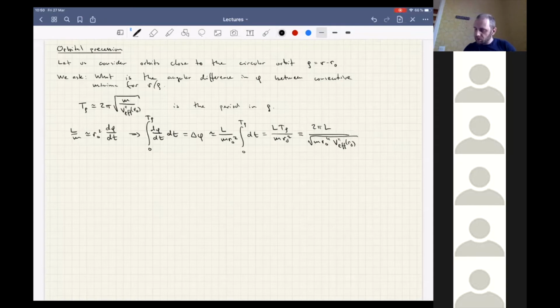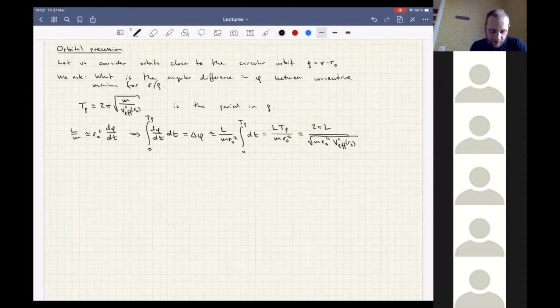So the question now is, when do our orbits close? The orbits close if this thing is a multiple of 2 pi. No, sorry, if this is 2 pi divided by an integer, then your orbits close.